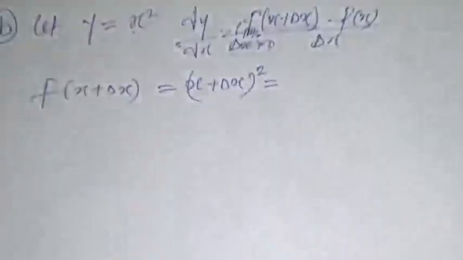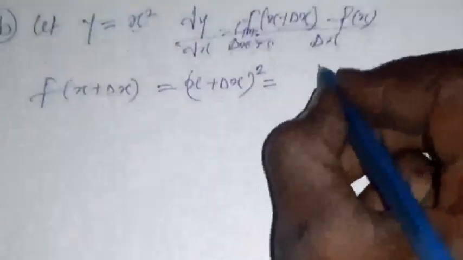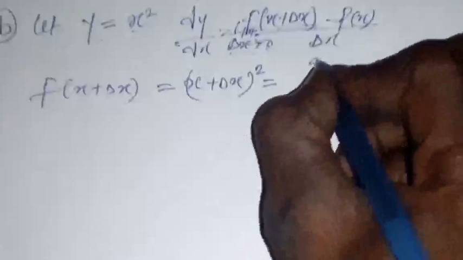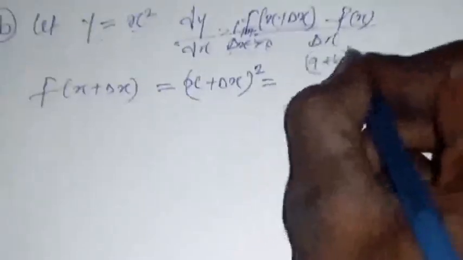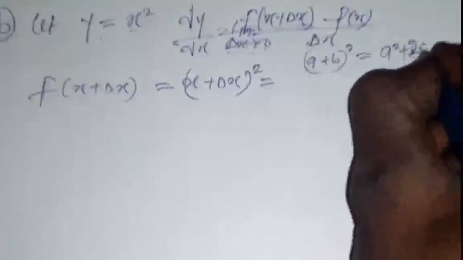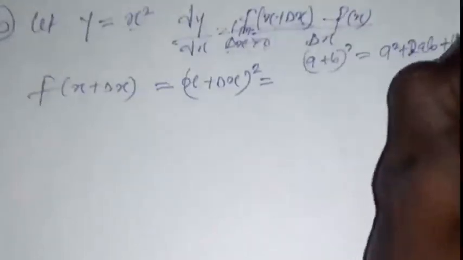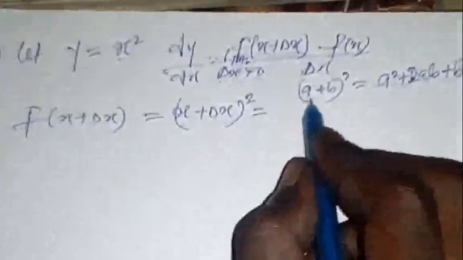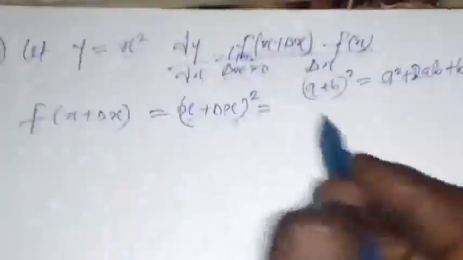We can either put two identical brackets and open it and expand it, or we can expand it directly. We know that if we have a plus b squared, this is the same thing as a squared plus 2ab plus b squared. Then we can apply this in order to expand it. Our a is x and our b is delta x.